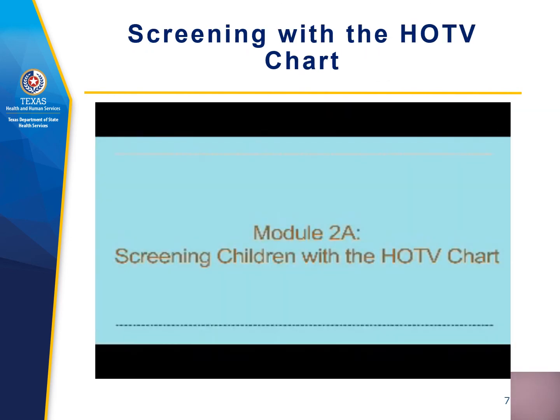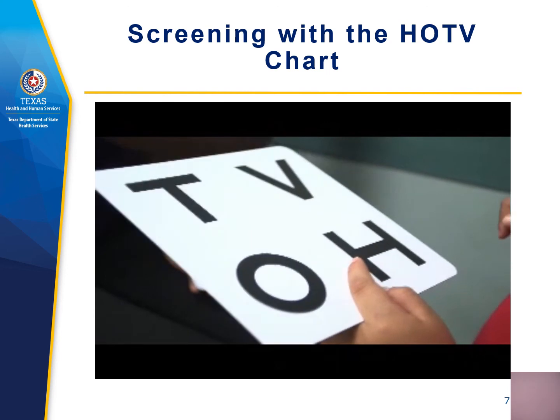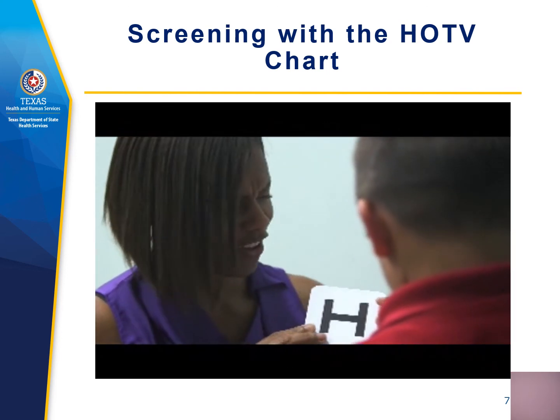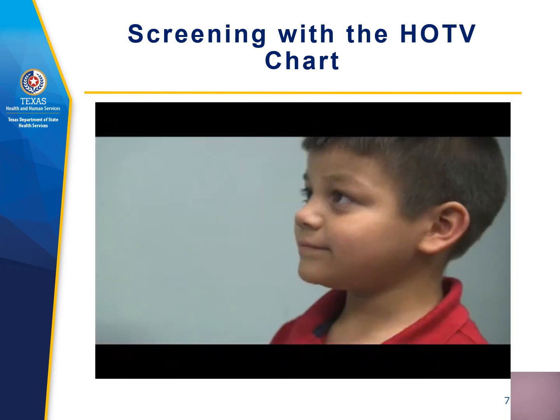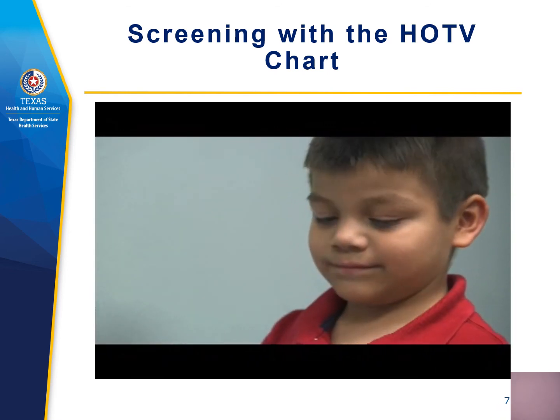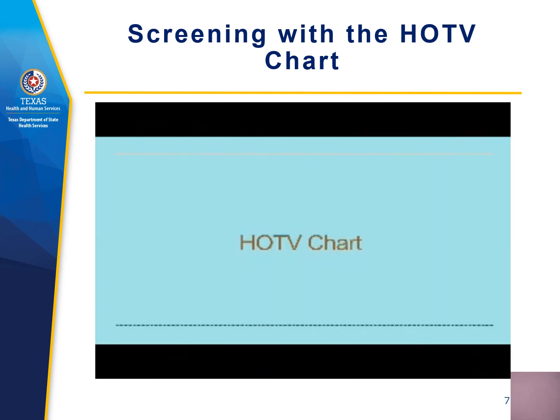Module 2A. Screening children with the HOTV chart. First, we'll demonstrate how to screen children using the HOTV chart. This chart is appropriate for children who do not know their alphabet or cannot grasp directional concepts due to language, intellectual, or physical limitations. To prepare a child for screening with the HOTV chart, instruct only one child at a time.